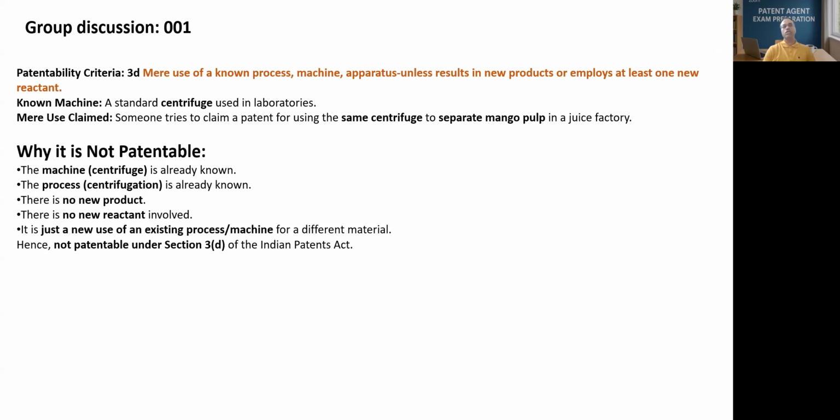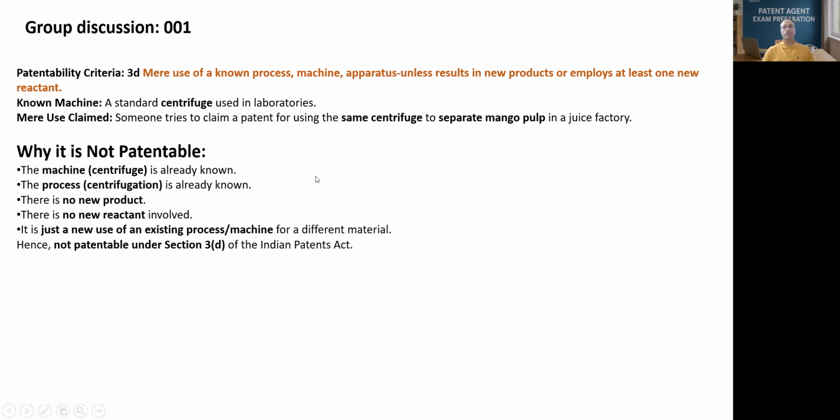And also in the interview, if you explain it like this, you get good marks. Not just by saying कि नहीं ये patentable नहीं है. क्यों? My gut feeling says, मेरा gut feeling है कि ये patentable नहीं है. ऐसा अगर हम लिखते हैं या बोलते हैं, so it does not look like हमको understanding है law के बारे में.